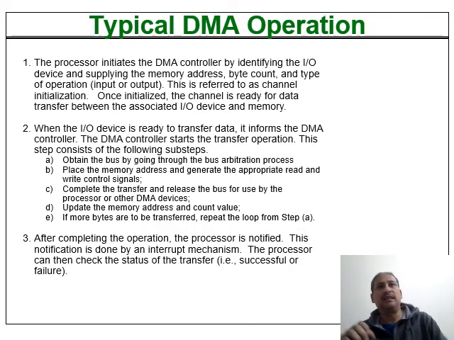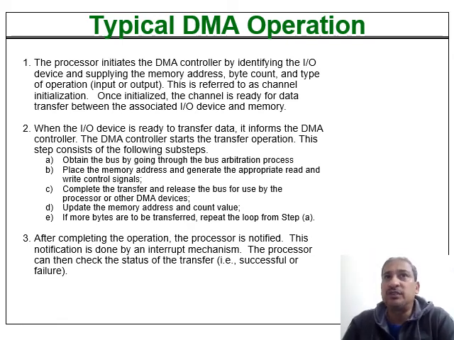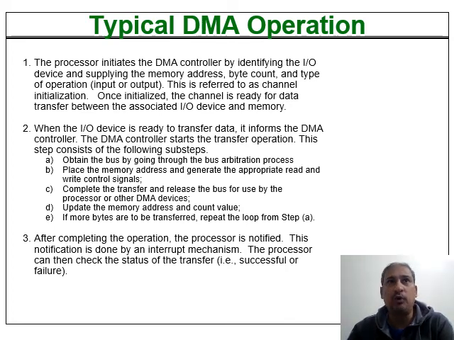So this is the typical DMA operation. The processor initiates the DMA controller by identifying the input output device, supplying the memory address, how many bytes have to be transferred, and the type of operation, whether it is an input operation or an output operation. This is something that is called channel initialization.